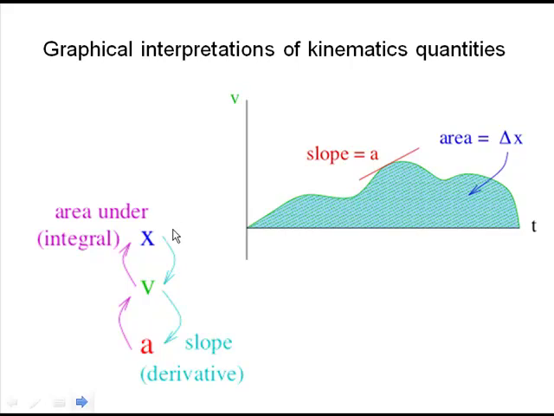So here, if I want to move down this line, from position to velocity to acceleration, I take derivatives. I'm finding the slope. If I want to move up the line, I take integrals. We're going to use that to try and understand and derive some really useful formulas to understand kinematics.